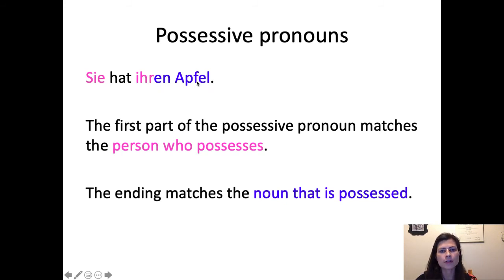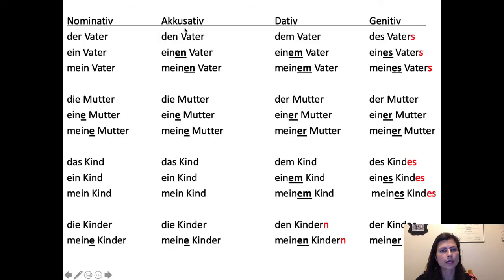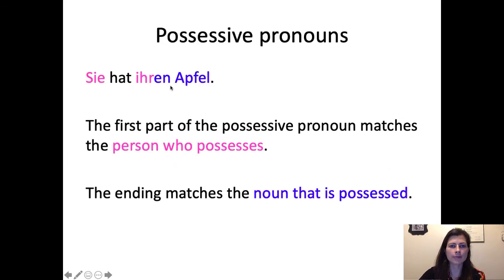So Apfel is masculine, and here it's the direct object. So we're going to want our masculine accusative ending. Sie hat ihren Apfel. So we have einen, the masculine accusative, einen, meinen. So that's where we're getting this en ending.